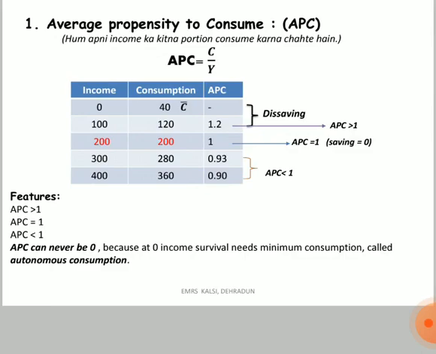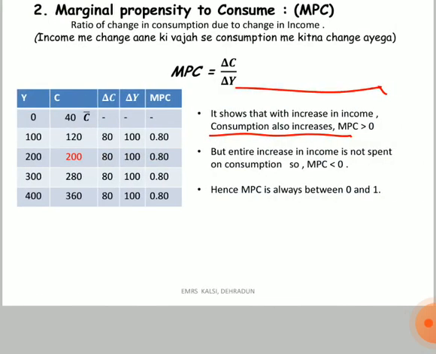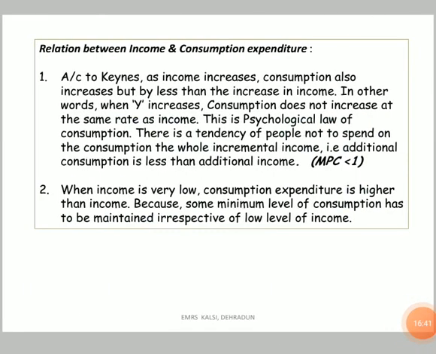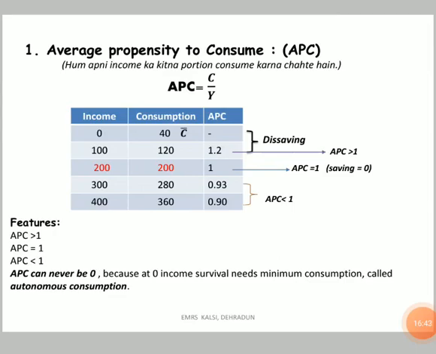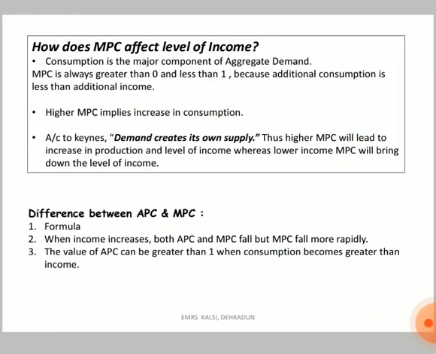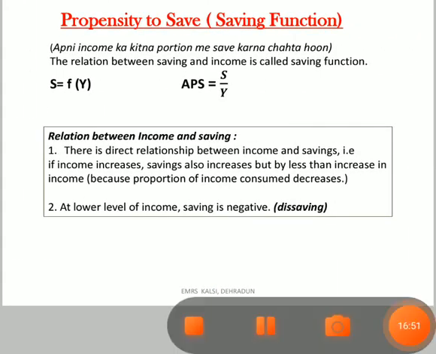So this is one thing you have to keep in mind while studying MPC. So this was the consumption function. There are two things in the consumption function, APC and MPC, and tomorrow we will study the saving function. Okay, so that's all for today.